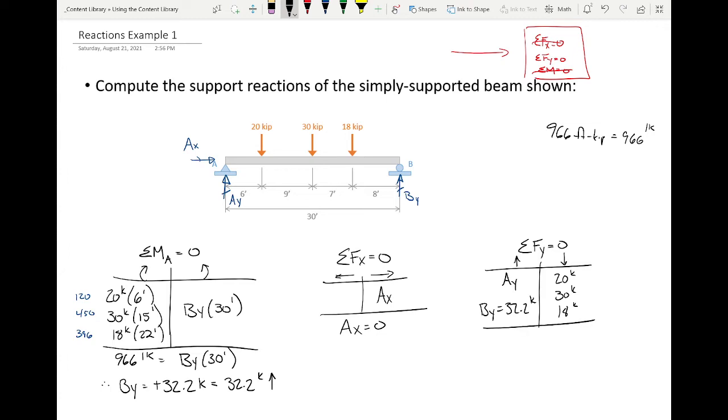So everything going up has got to equal everything going down. Ay plus 32.2 kips equals 20 plus 30 is 50. 50 plus 18 is 68, so 68 kips.